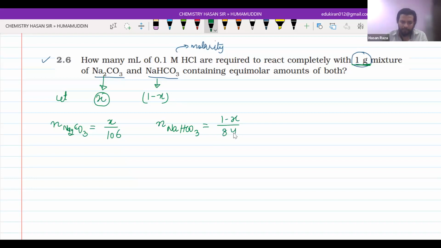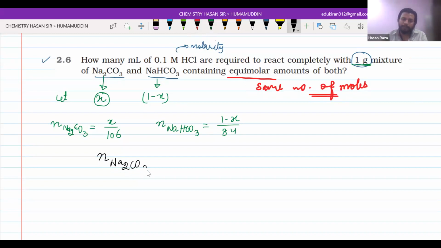Is that clear? Why did I calculate number of moles directly? Because in the question it has been written that it is equimolar. Equimolar means same number of moles. These two have the same number of moles, so number of moles of Na2CO3 is equal to number of moles of NaHCO3.